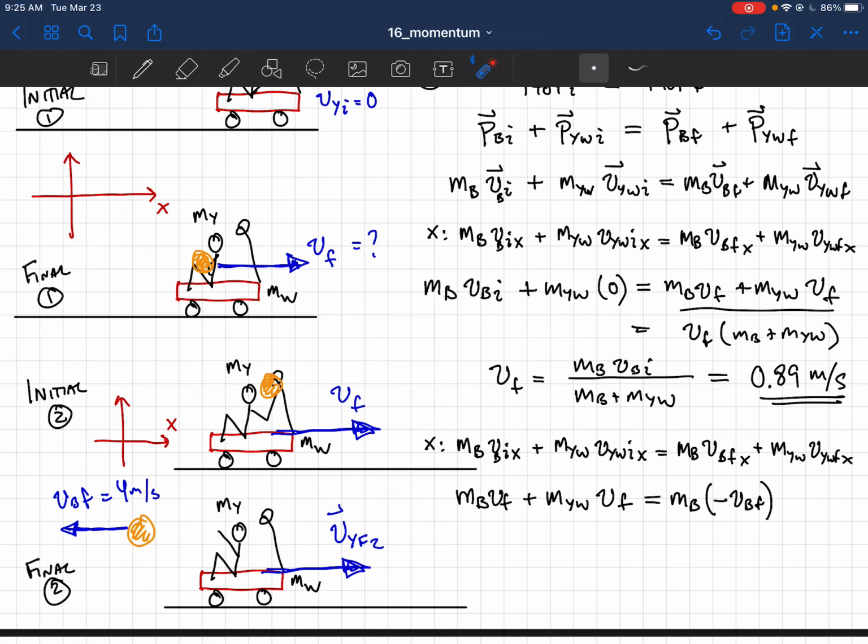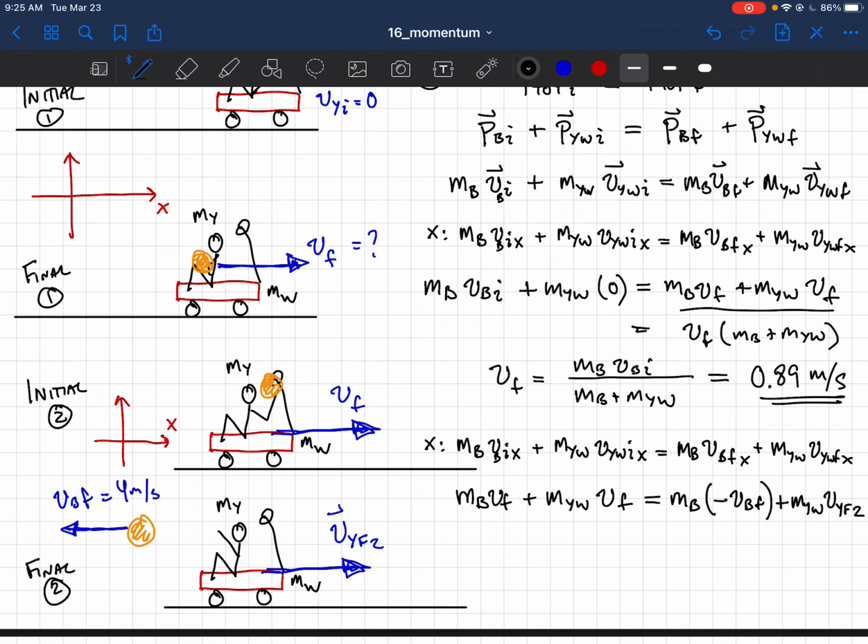So v_ball final is a different vector than v_final was. And then we have m_u+wagon, and you have a new vector as well, which we called v_u final 2. So we'll write that. So this is going to be v_u final 2 there.